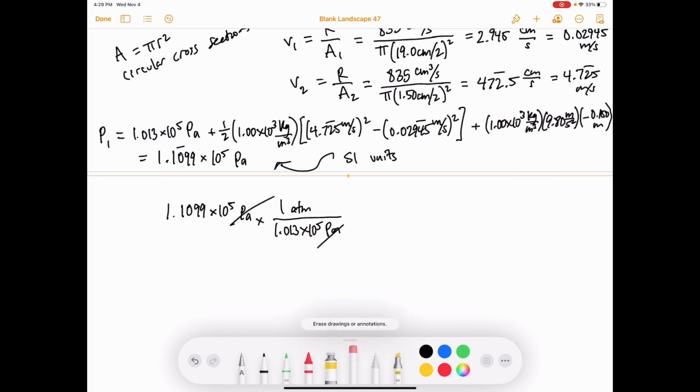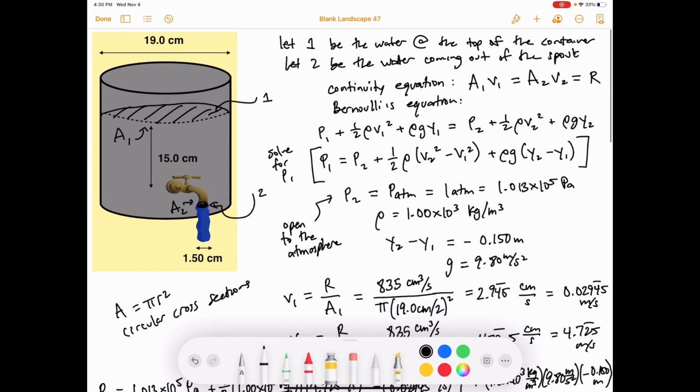Pascals will cancel. And so this will work out to 1.10 atmospheres. In other words, if you pressurize this container a little bit, so it has greater than atmospheric pressure up here, you can get the fluid to come out faster. And that's basically how a standard beer keg works.